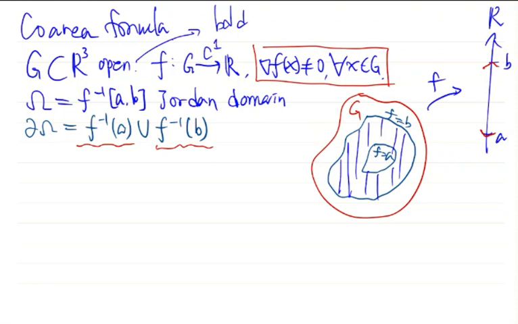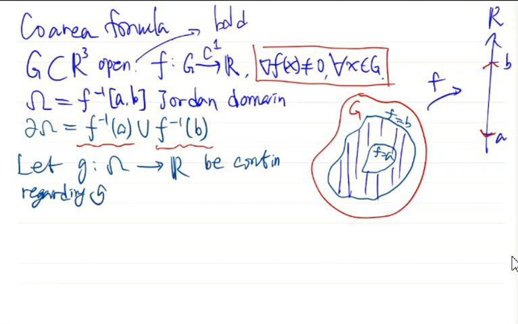Now suppose G is such a function. Let G be a function defined over omega, continuous. Okay, G is continuous. Now from the physical meaning of a multiple integral, suppose we consider this G as a density.